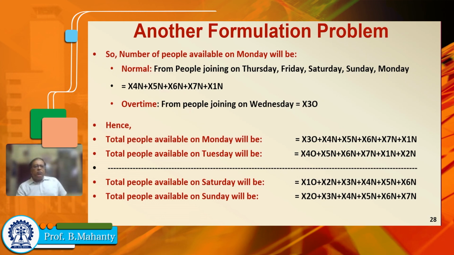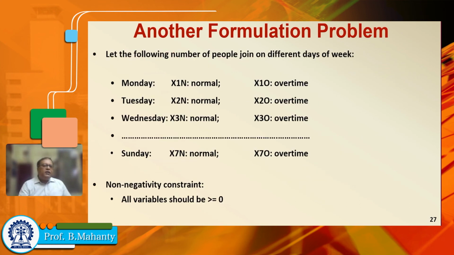So the way it is modeled here is, it is not that X1N plus X1O number of people are joining on Monday. No, we are assuming that X1N people are joining on Monday in total. And out of that, only a few, supposing 20 people are joining, and 7 people are going to do overtime.